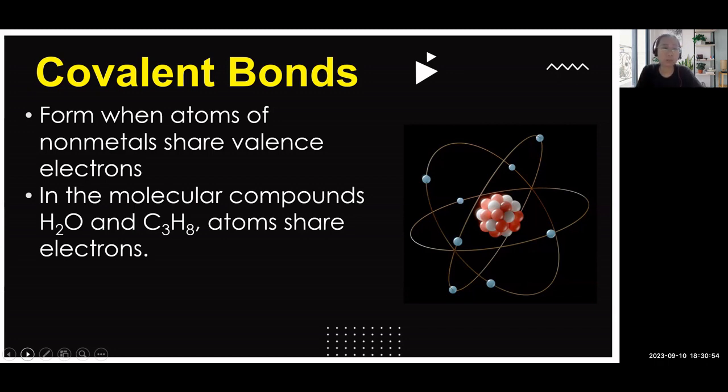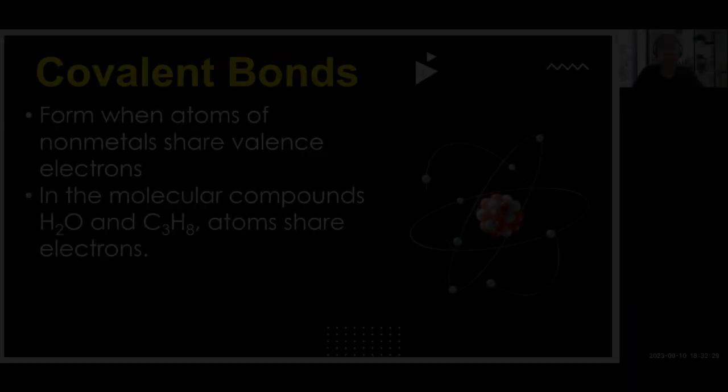H is hydrogen and O is oxygen, so they are both nonmetals. The other one is propane, C3H8. C is carbon and H is hydrogen, so we have two nonmetals working here. In these molecular compounds, what we have are covalent bonds.